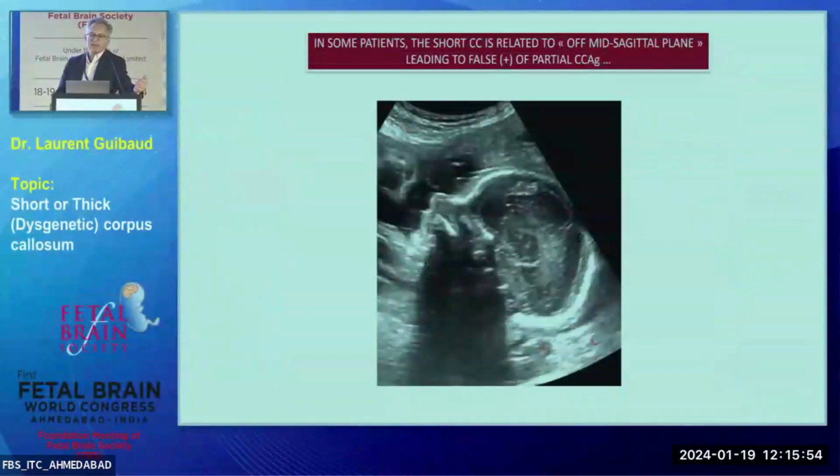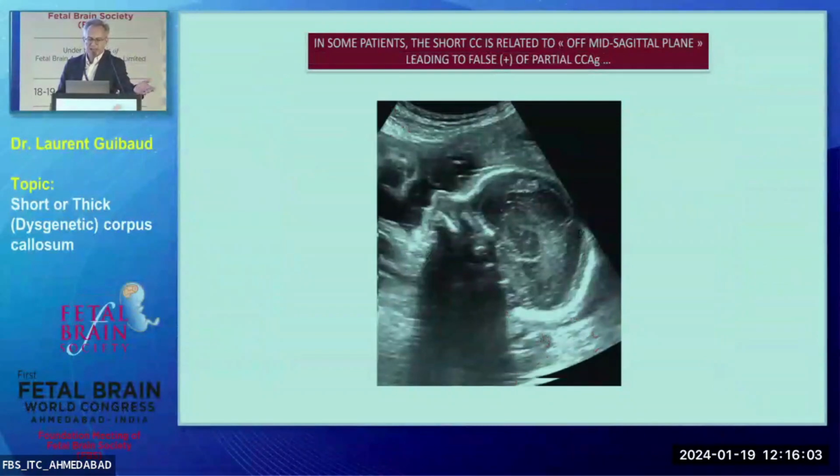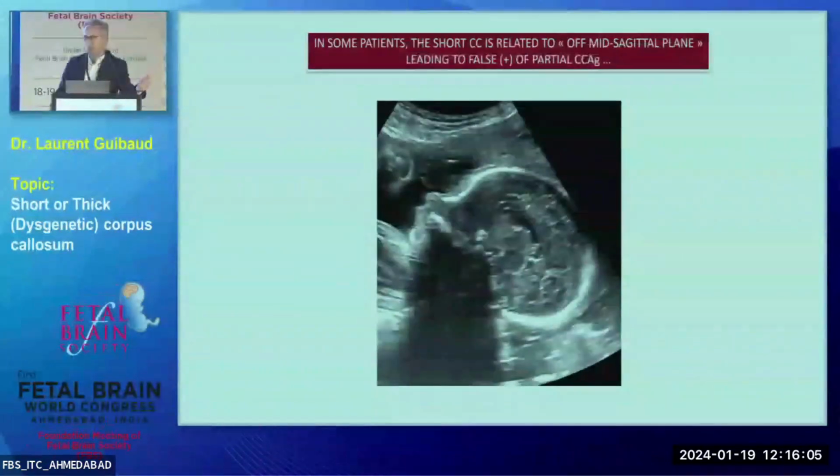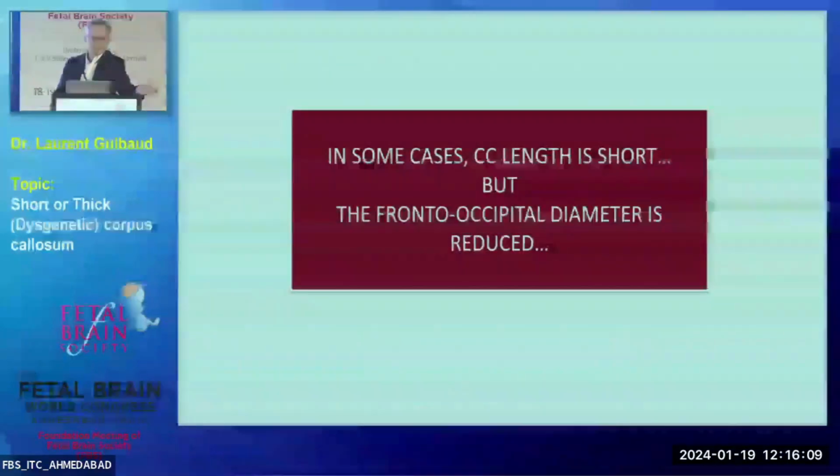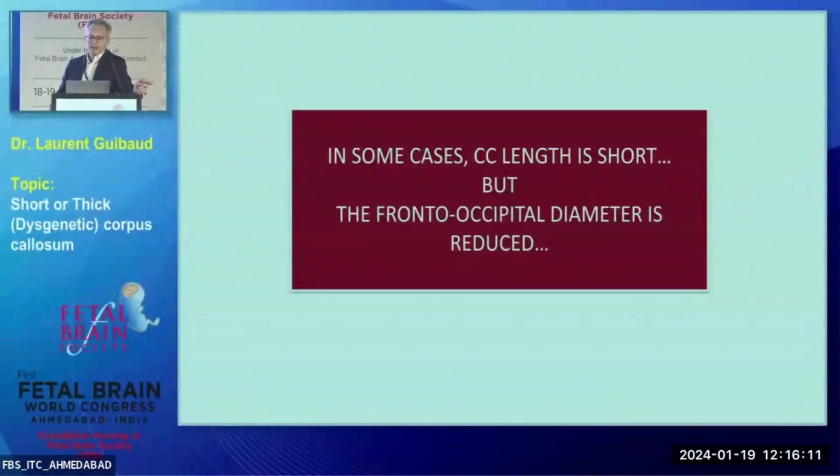In some cases, it's very simple. It's just a matter of method. It's an off mid-sagittal plane leading to a false positive, as in that case, it was measured like that. And if you do a good measurement, it's a complete corpus callosum. In some cases, the corpus callosum is short, but the fronto-occipital diameter is also reduced.